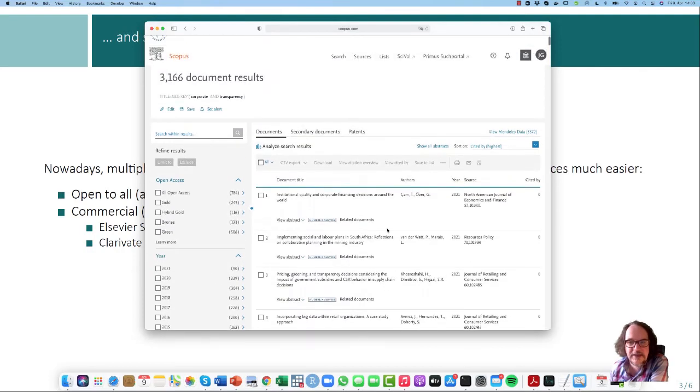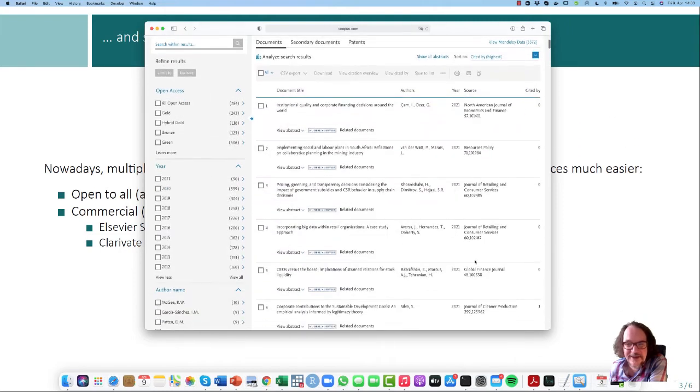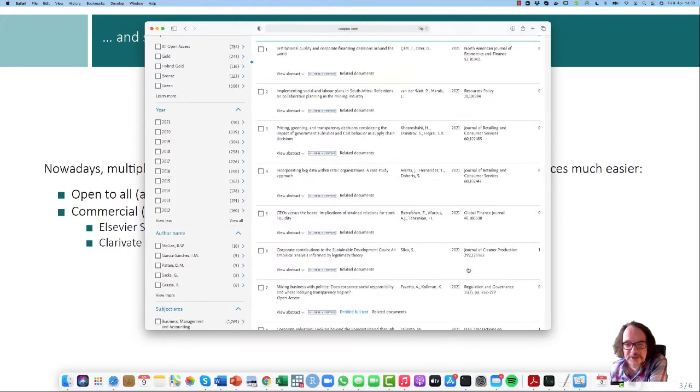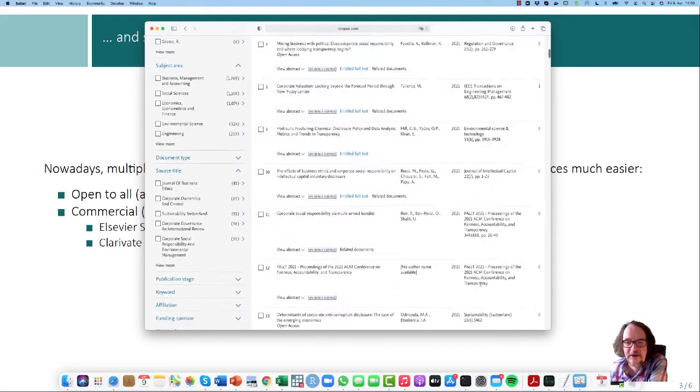And to the left you find ways on how you can filter these documents. And you see by default the documents are sorted by how new they are, right? So you see here, these are very new publications. Yeah, and when you look at the journals here, they don't really ring a bell with everybody, I guess.